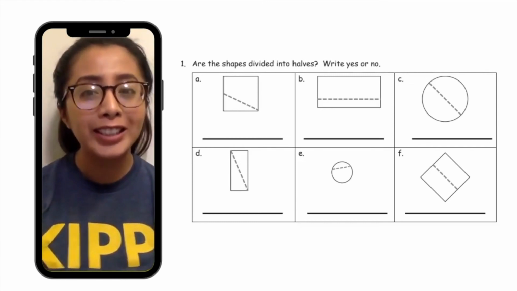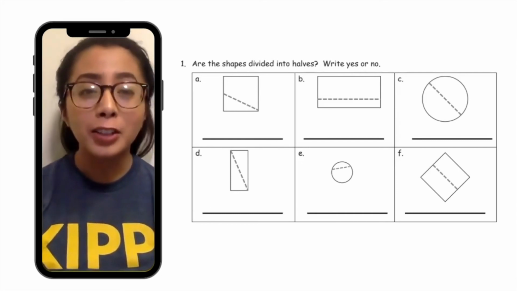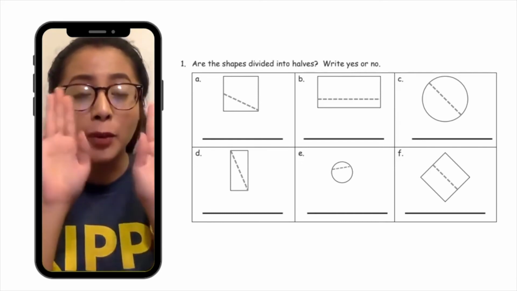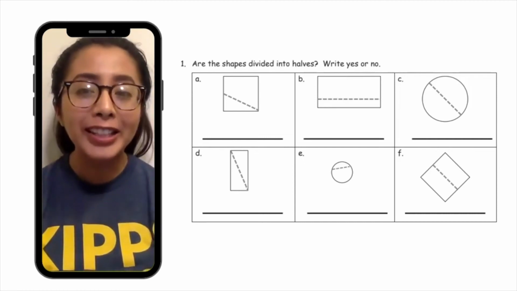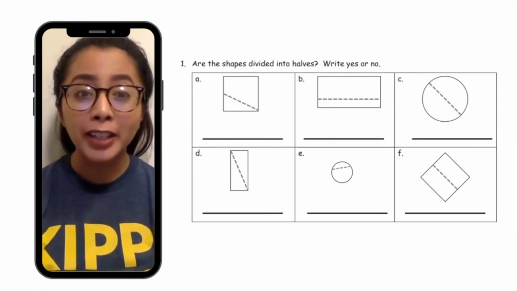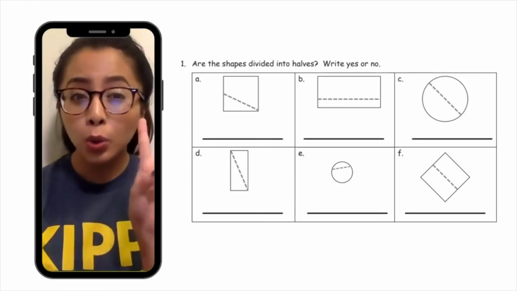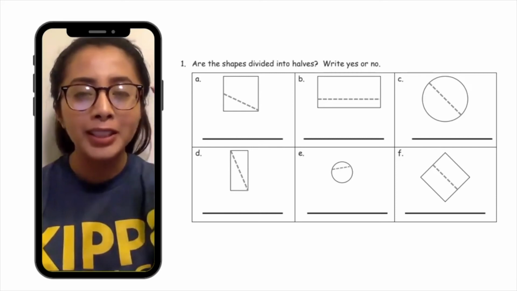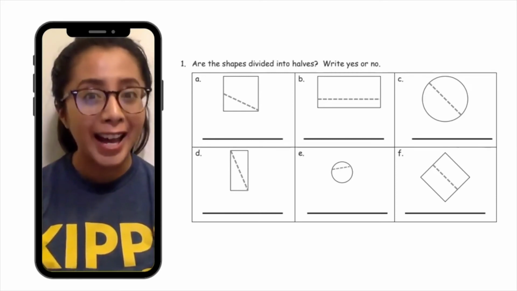Now letter D, is this divided into halves? Yep, there is 1/2 and 1/2. Both of those halves are the same size. Letter E, are they divided into halves? Nope, they have two parts, but one piece is bigger than the other piece, so we cannot say that's divided in half.